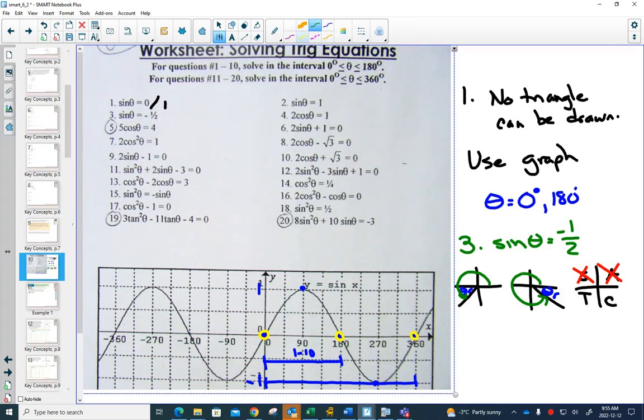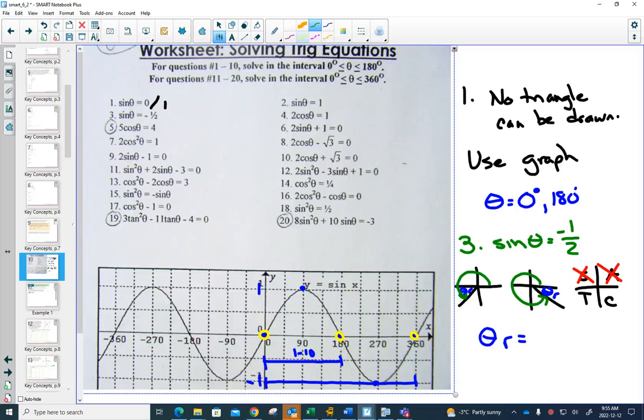Next, after you've drawn it, you have to figure out what your reference angle is. And this is a non-calculator one. So you have to go to your special triangles and see where on the special triangles sine of theta is 1 over 2.